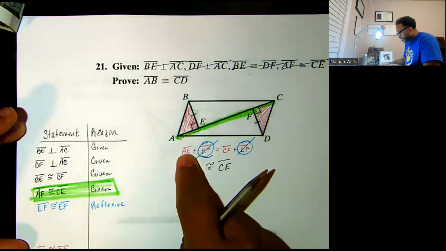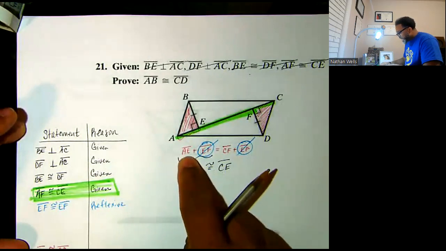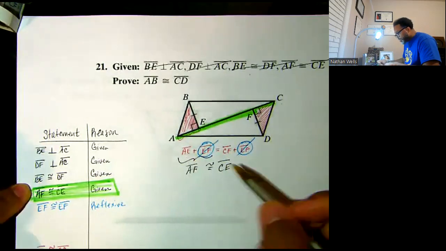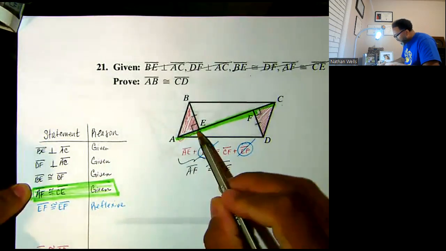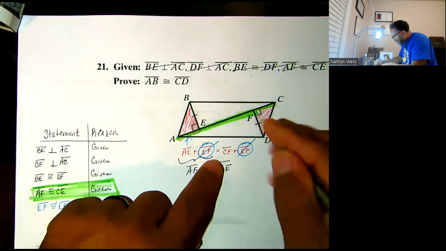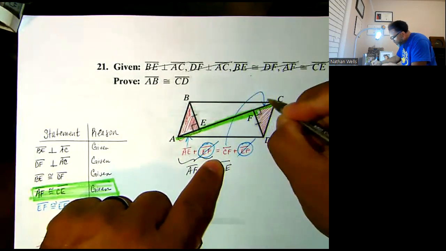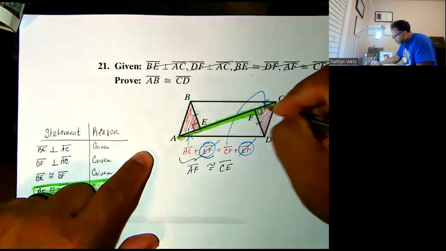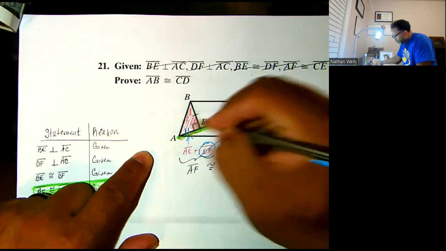So we clearly just proved that what we already knew, no, not what we already knew. Here's the AE, which is this, and here's the CF, which is this. We just proved that those two parts are equal.